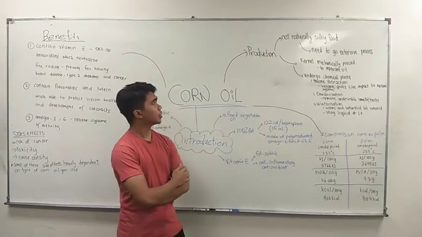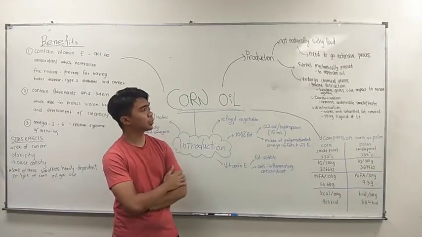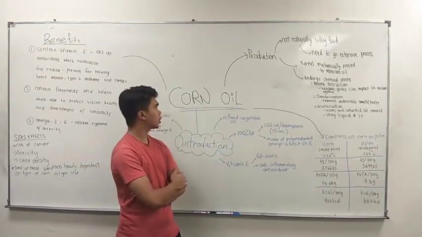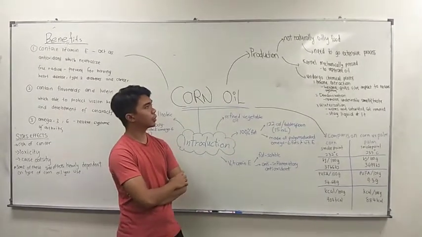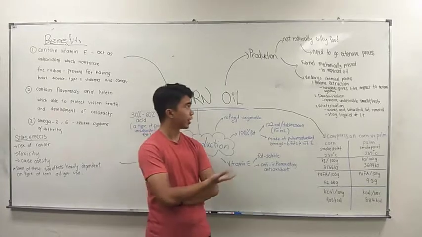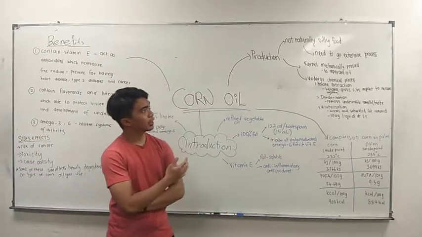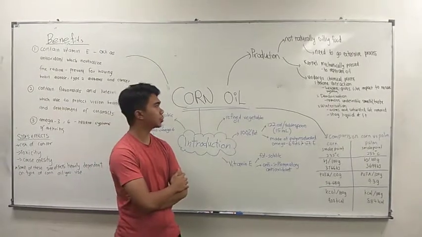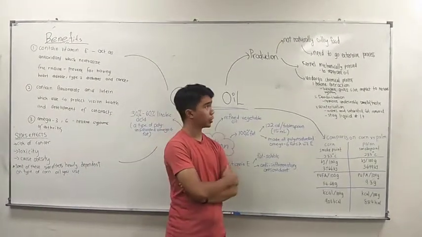Corn is not a naturally oily food, because corn only contains 1 to 4% fat. So it does need to go through an extensive process for us to extract the oil from the corn.